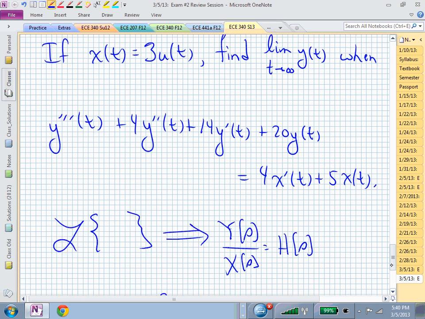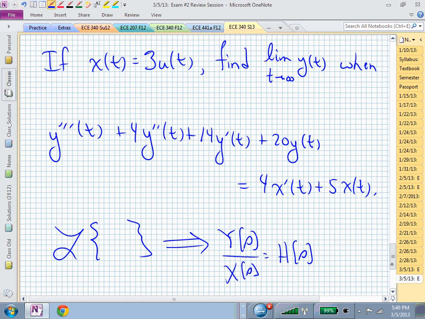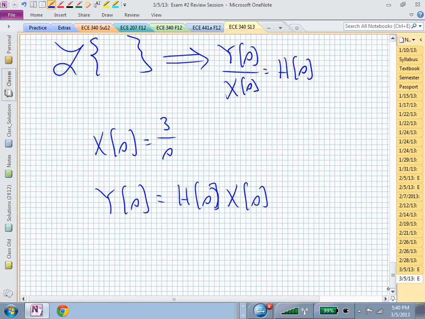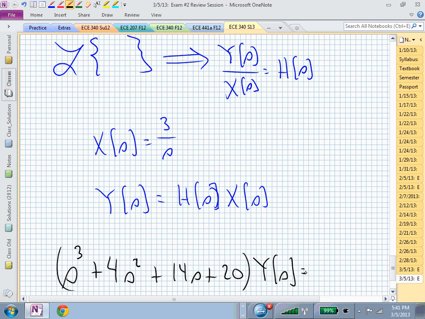So now we have this y triple prime. We now have s cubed plus 4s squared plus 14s plus 20, all of that times capital Y of s.